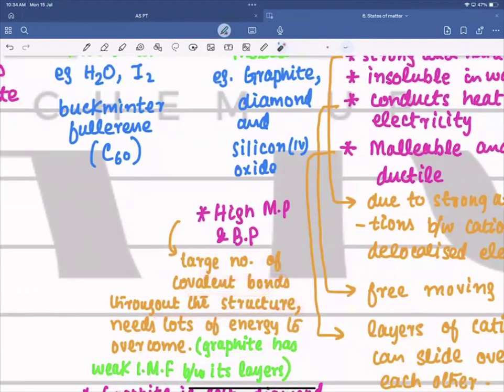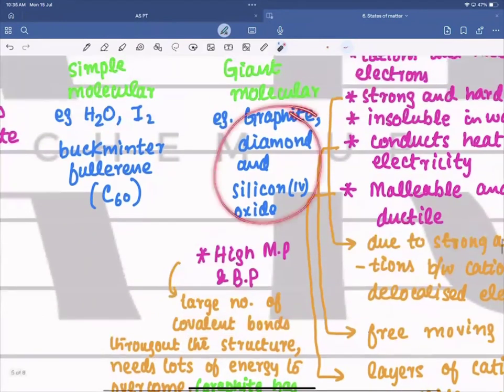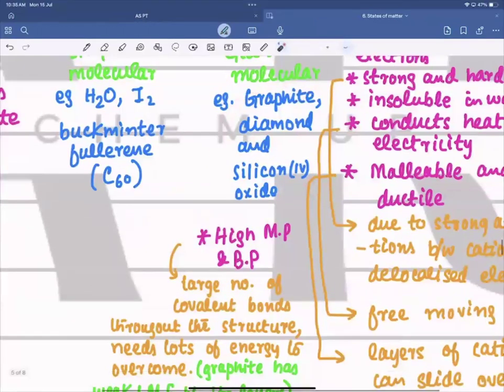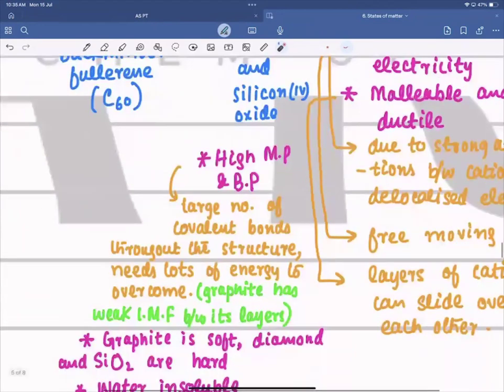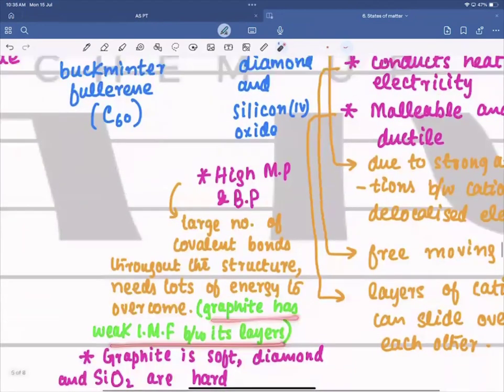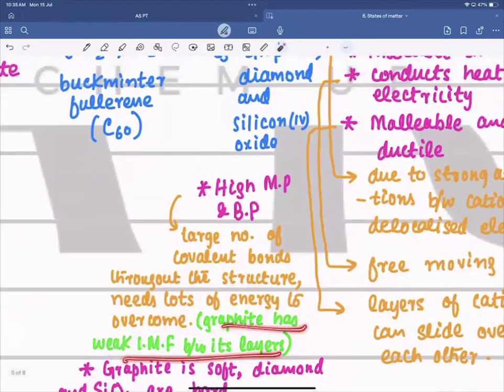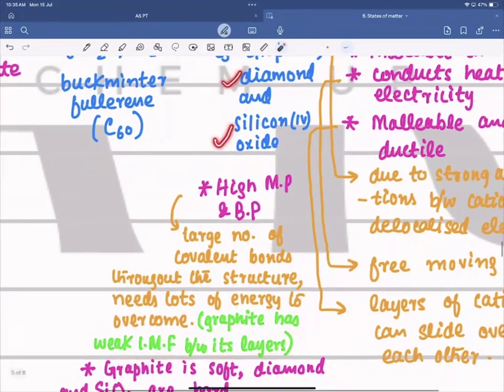As a result, they need a lot of energy to overcome those forces. This point is valid for all of them. But whenever there is a comparison between, for example, diamond and graphite or silicon and graphite, then you have to mention that graphite has weak intermolecular forces between its layers. That's why graphite's melting and boiling point is relatively lower than silicon and diamond.